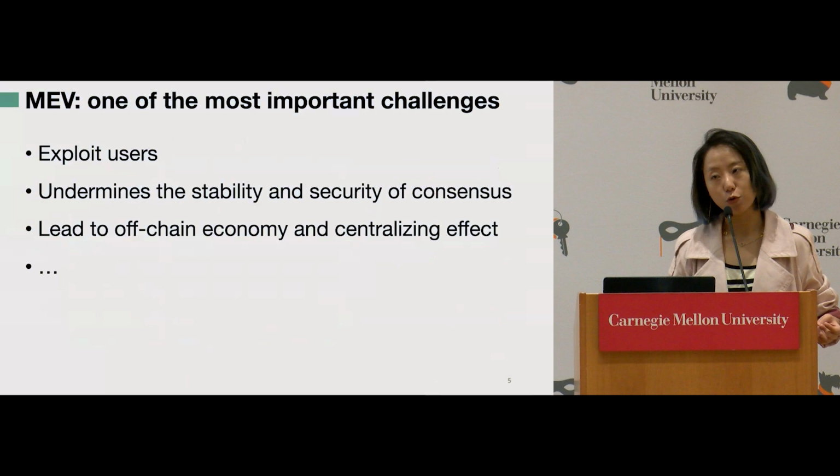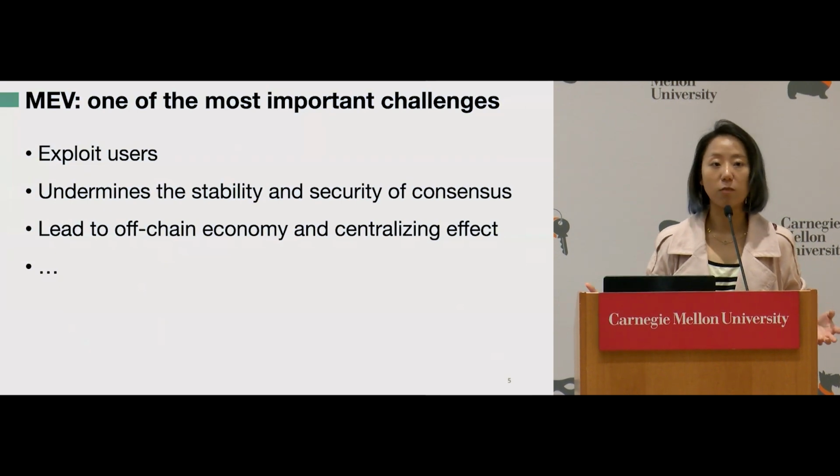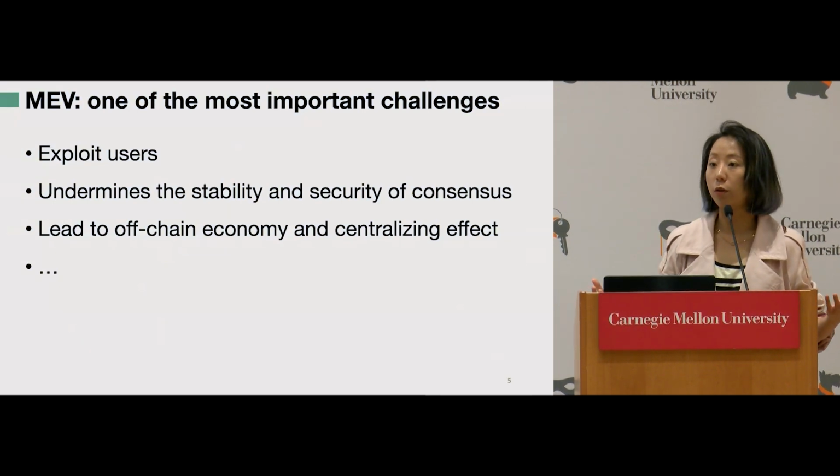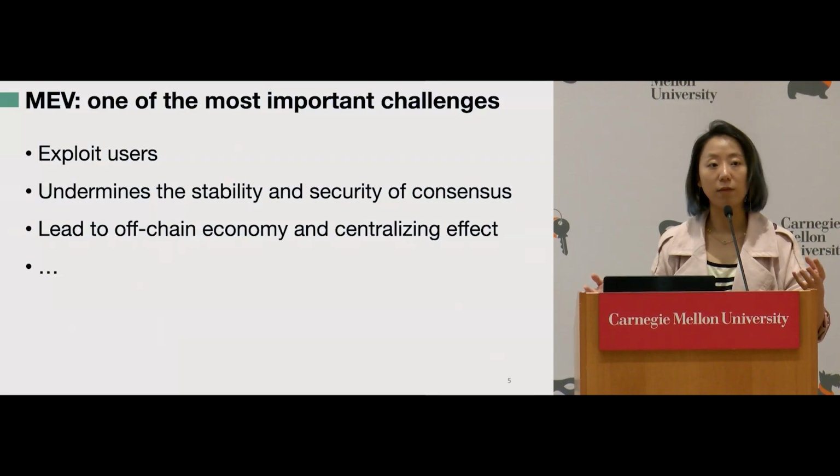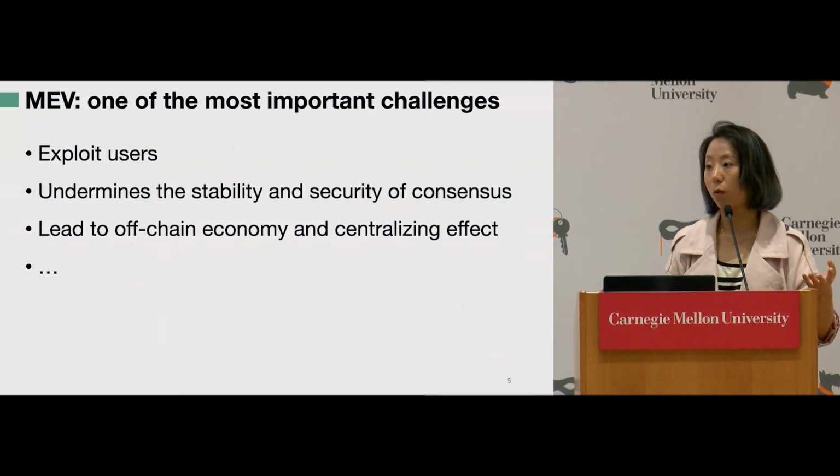or MEV for short. So MEV has caused a lot of problems. As we just saw, it exploits the users. It also undermines the stability and security of consensus because it incentivizes the miners to fork the blockchain if the MEV reward it can gain exceeds the block reward.